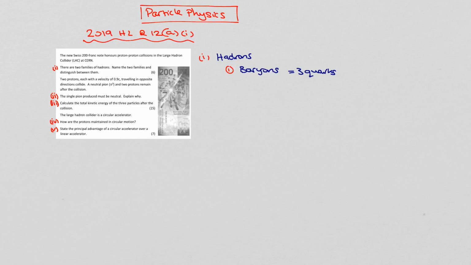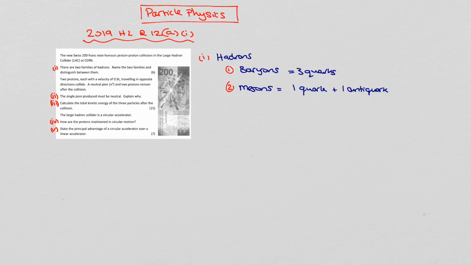Okay, and the second family of hadrons are the mesons, and the mesons are made up of 1 quark and 1 antiquark. And it doesn't have to be the antiquark of the quark, so you could have an up and an anti-down, okay?